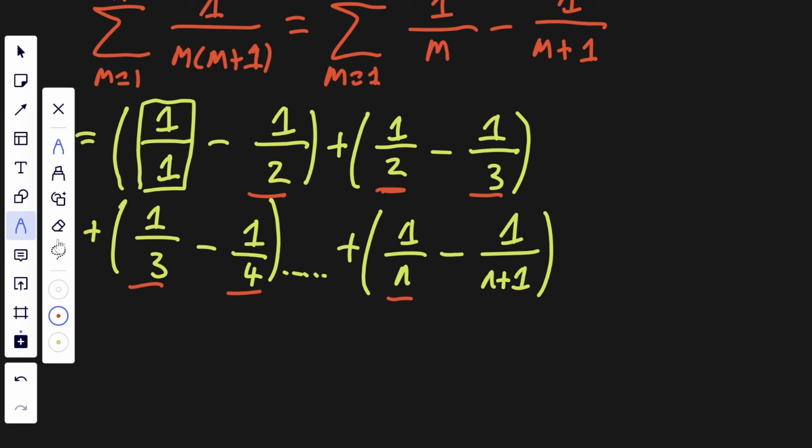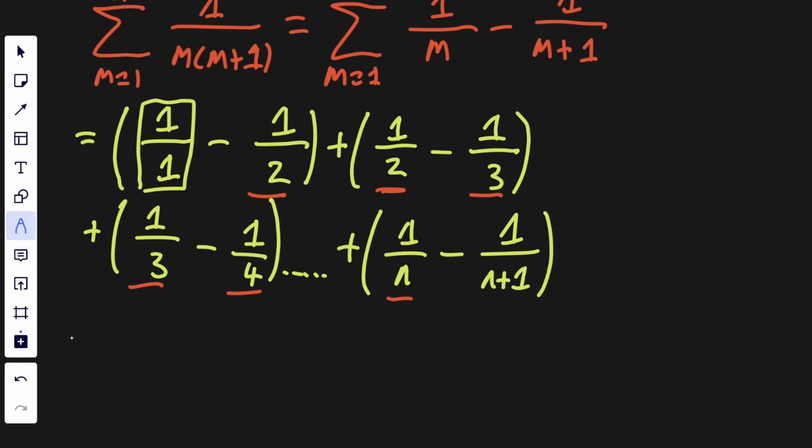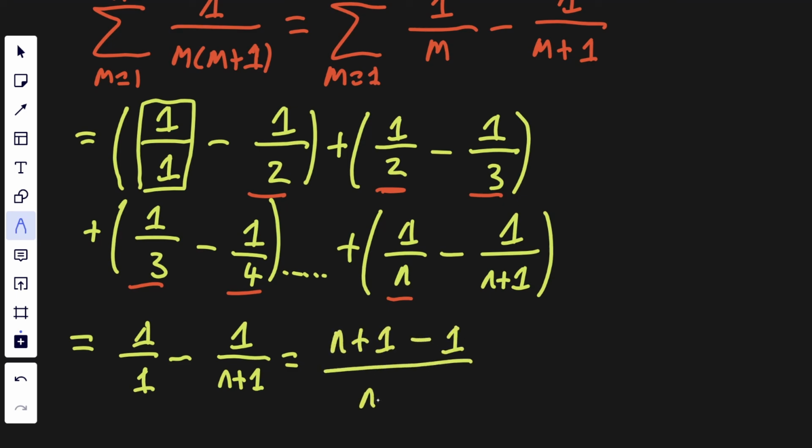This term would have cancelled earlier. And all that we're going to be left with is 1 over 1 minus 1 over n plus 1. Combining these two, we get n plus 1 minus 1 over n plus 1, just combining two fractions by making their denominator the same, giving us n over n plus 1.